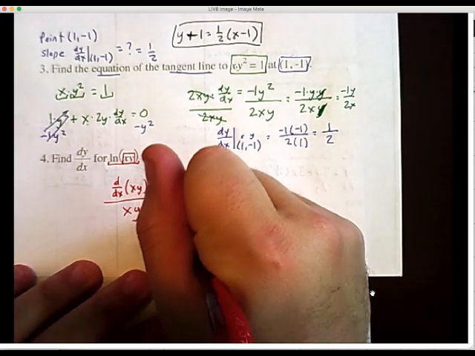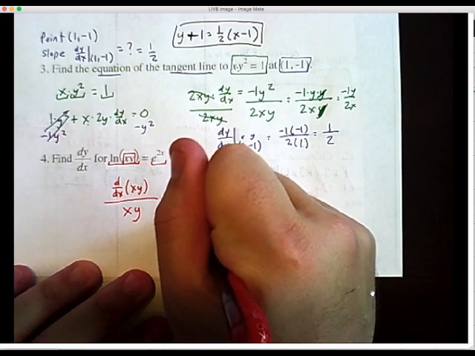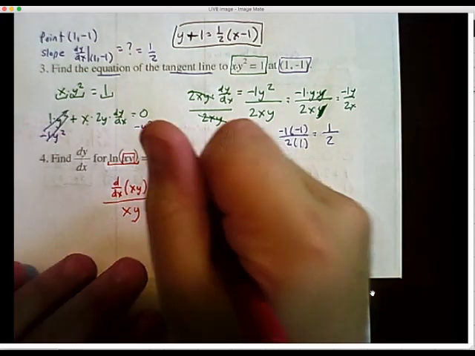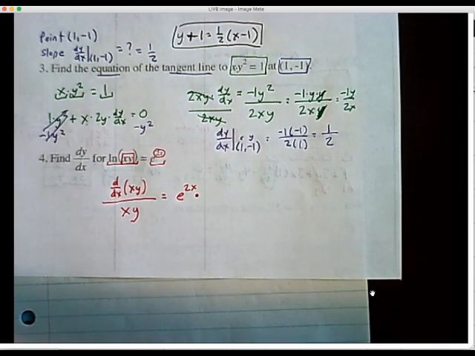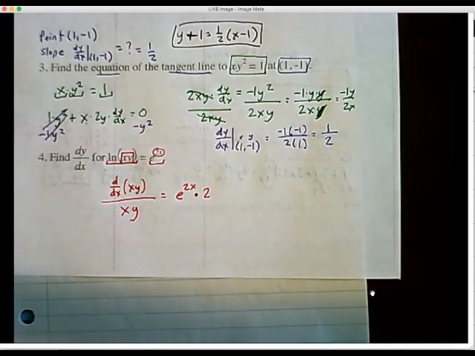Well, it stays itself, so e to the 2x times the derivative of the exponent. So what's the derivative of just 2x? It's just 2. Okay, so that's that derivative.